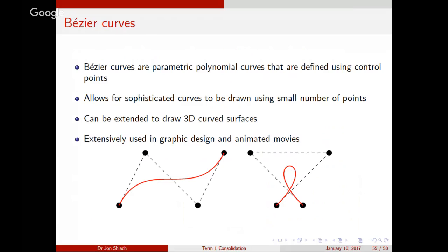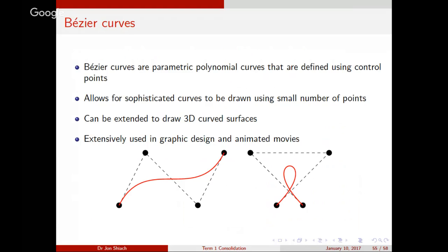Oh yeah, a couple of other things we're going to be looking at. Bézier curves. These aren't really related to virtual environments, but they are a common graphics application. Essentially, they're parametric polynomial curves. So whenever we want to draw a nice smooth curve, this smooth curve here is defined using just these 4 points.